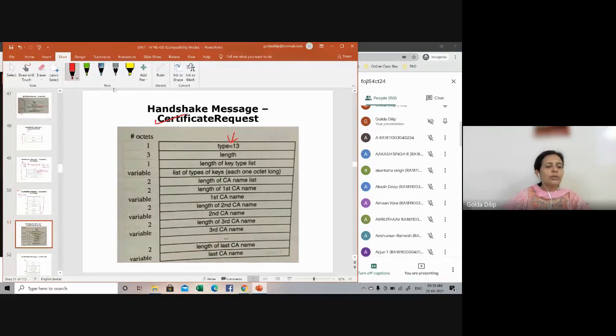It all depends on the kind of authentication method that the user will be using. If you're using RSA, then you will put type equal to 1. There's a list of types from which you can choose the authentication method you plan to use. That is what the certificate request is all about. The CA mentioned here is nothing but the certifying authority, which would be authorizing the certificates.